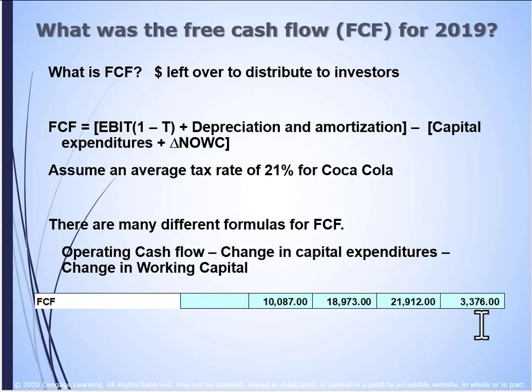We should obviously like to explore what happened there. But if the company purchased a huge amount of assets in the last year, we would expect free cash flow to decline. If we saw profits fall in the last year, we would expect free cash flow to decline.